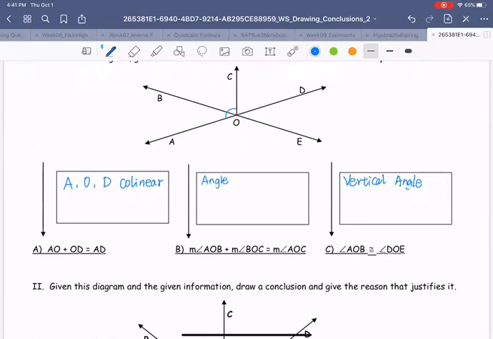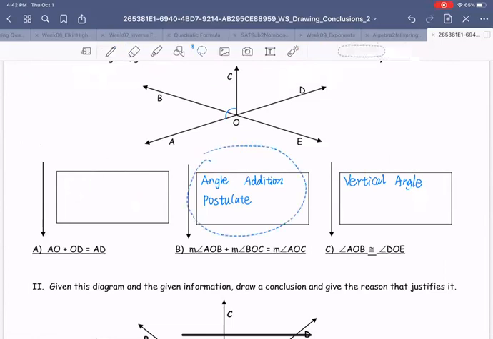This is angle addition postulate. So I think this one over here, we want to also change it to that postulate also.